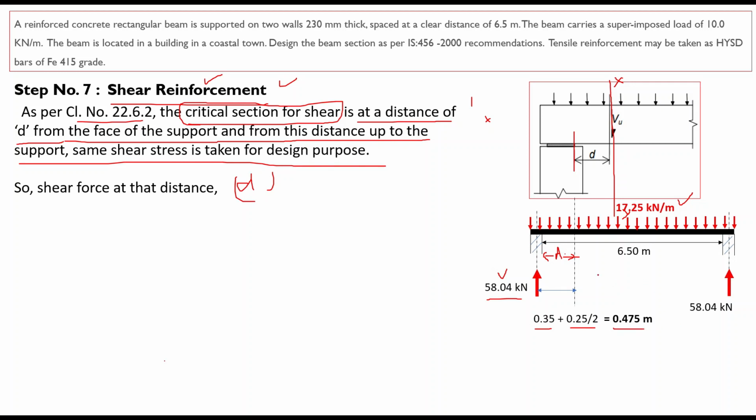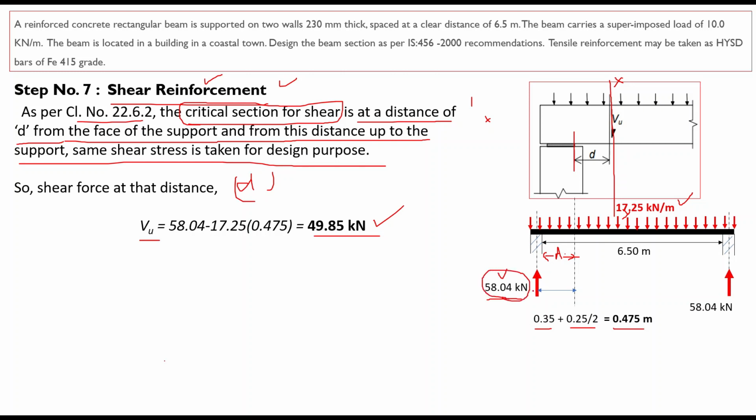So we have to find out the value of shear force at this section. After doing the calculation, we can work out that shear force, which is known as the nominal shear force. So the nominal shear force at this critical section works out to be 49.85 kilonewton.